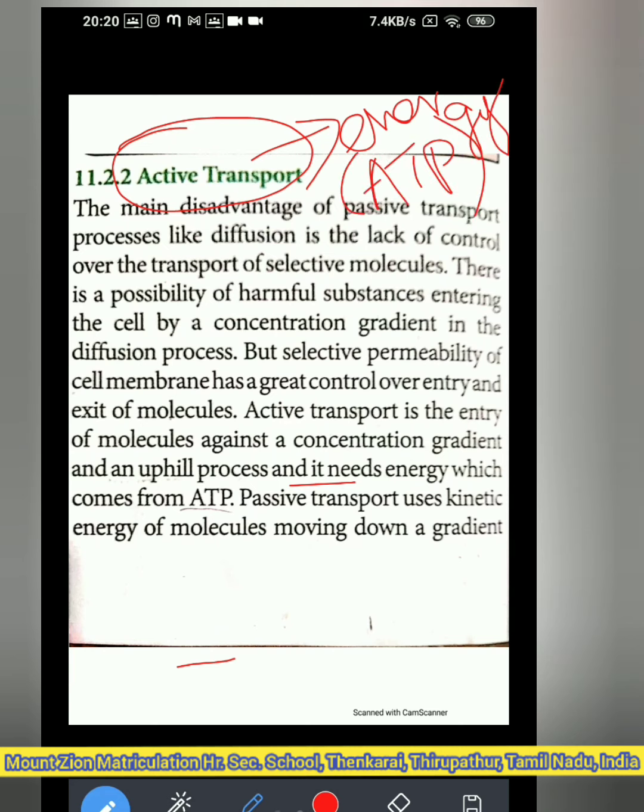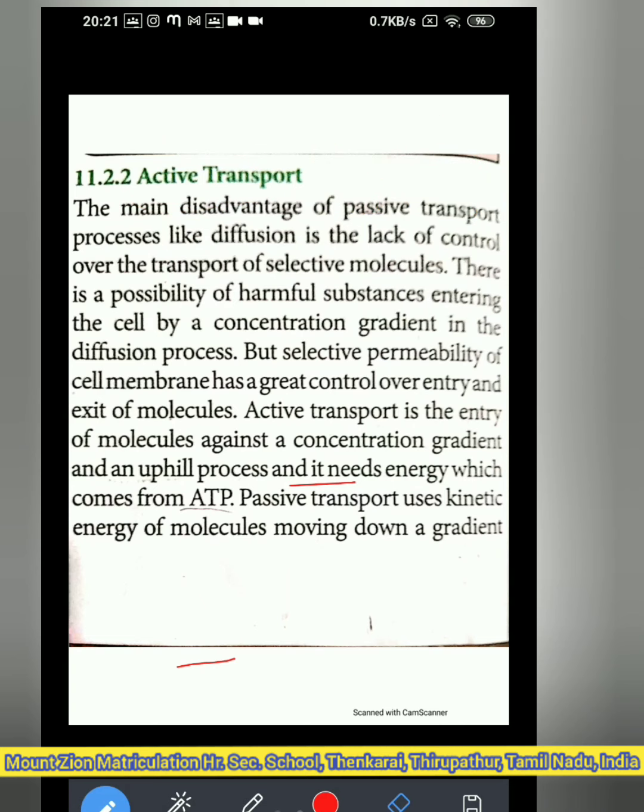That is adenosine triphosphate. Here we also have to talk about passive transport, because we know passive transport doesn't need any kind of energy to do its work. The main disadvantage of passive transport like diffusion is the lack of control over the transport of selective molecules. You cannot transport molecules selectively.